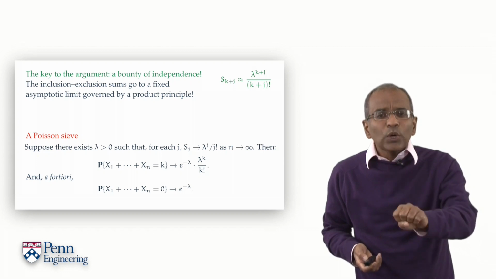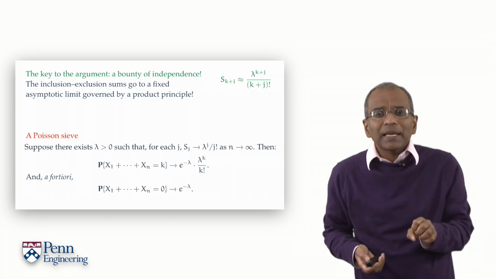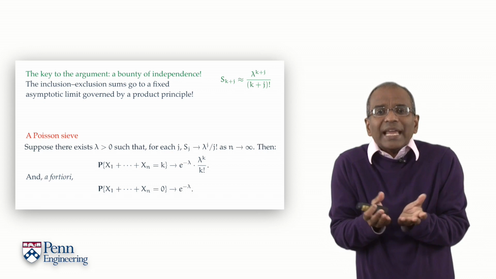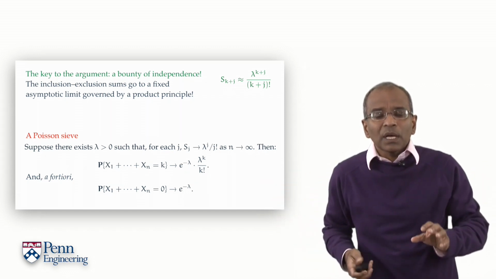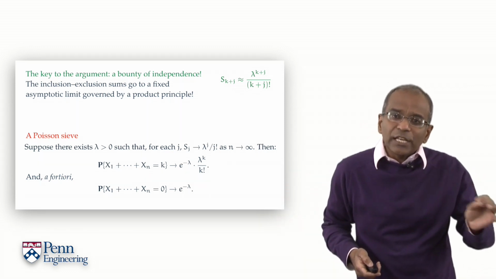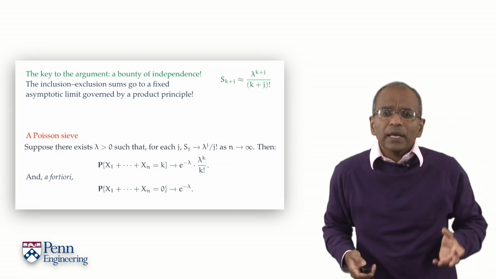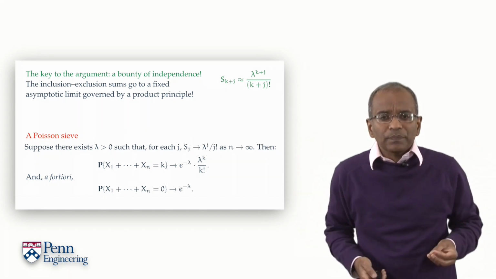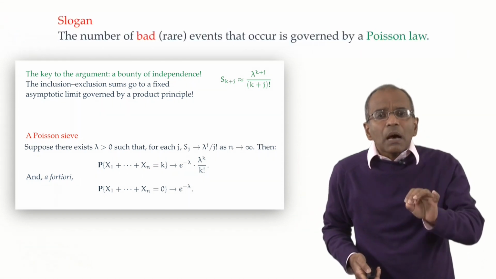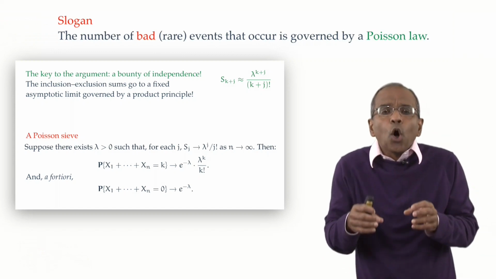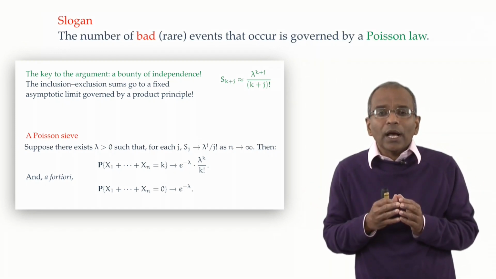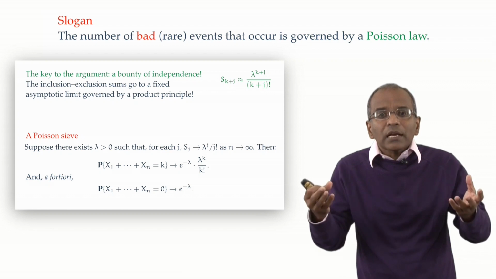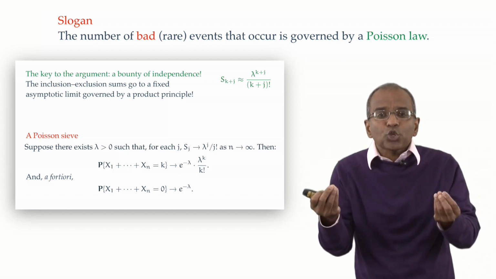But a slogan is always nice to have because it captures for us the essence of a mathematical theorem, without, of course, a great deal of precision. So, promptly, here is a slogan. The number of bad events or rare events that occur is generically governed by a Poisson law.